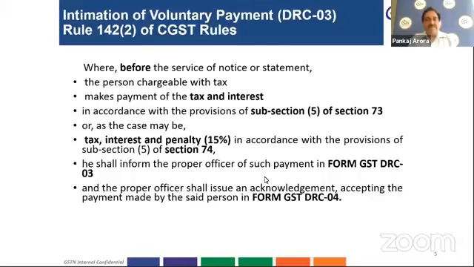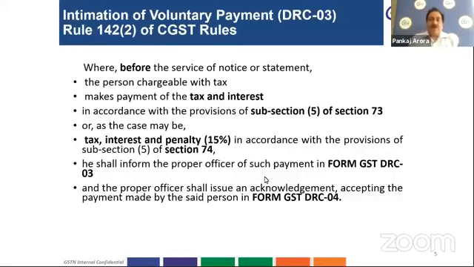So there are two provisions: sub-section 5 of section 73 as well as of section 74. To begin with, section 73 deals with the demand and recovery of tax for any reason other than misstatement or suppression of facts to evade payment of tax. That will not be covered under section 73.